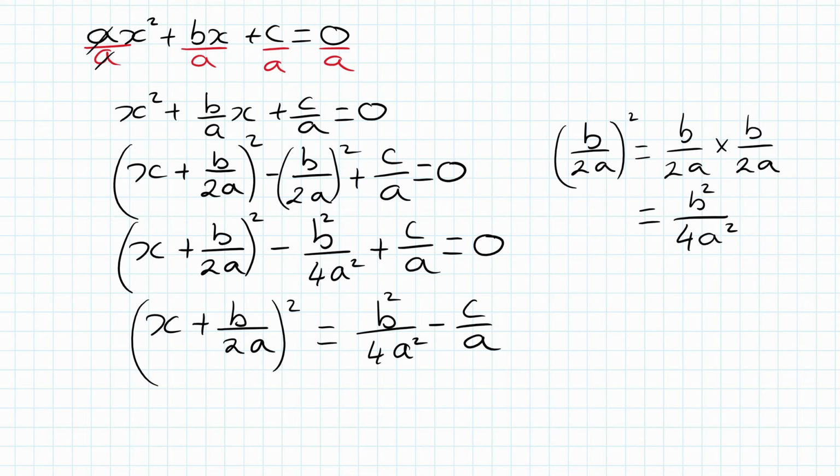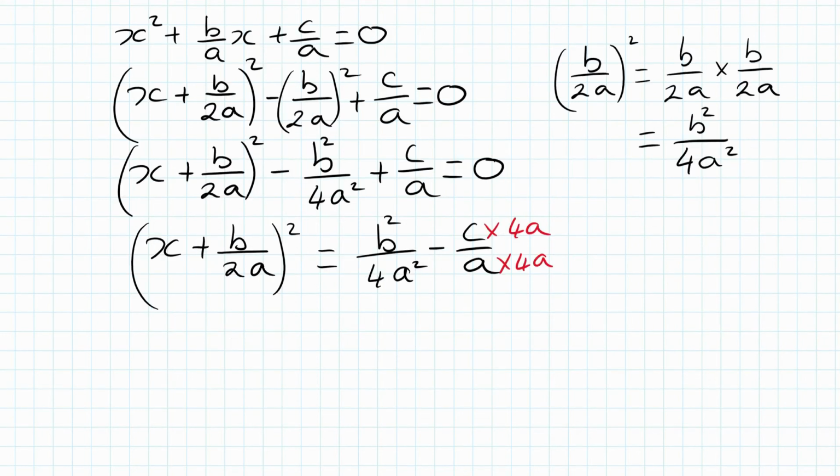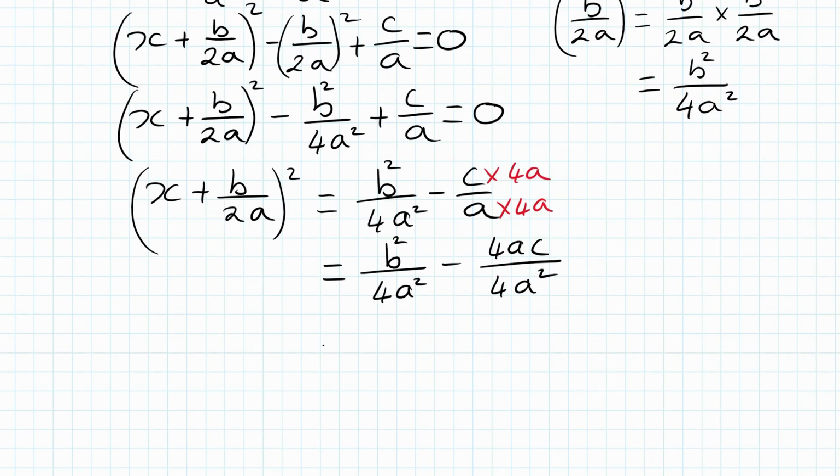Now on the right hand side, to simplify this, I need to make the denominators the same. So to do this, I times this by 4a. Now on the right hand side, I will get b squared over 4a squared minus c times 4a is 4ac, a times 4a is 4a squared.